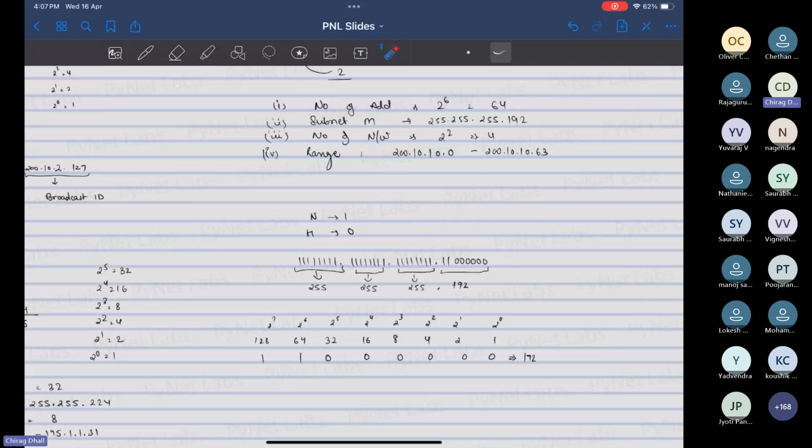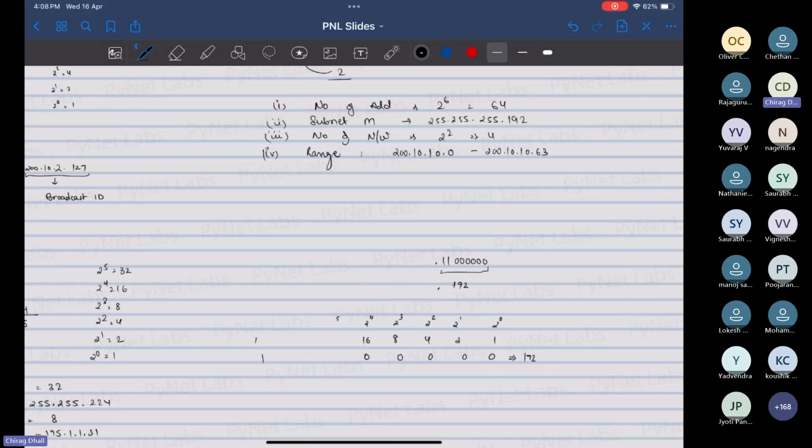Okay, we have another question about the other parts. So let's also try to calculate the remaining three parts of this particular network. This is my first part here, starting from 210.10.0 to 210.10.63. That's my first part, right?